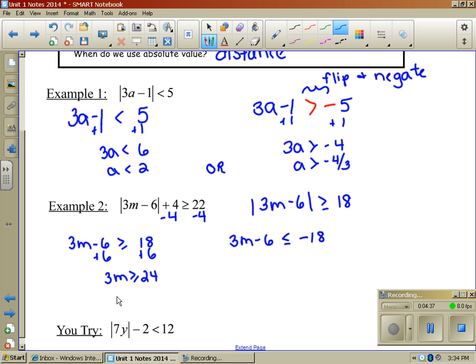Divide by 3. Second one, add 6. -18 plus 6, -12. Divide by 3. We're dividing by positive 3, so we don't have to flip it. So m is greater than or equal to 8, or m is less than or equal to negative 4.